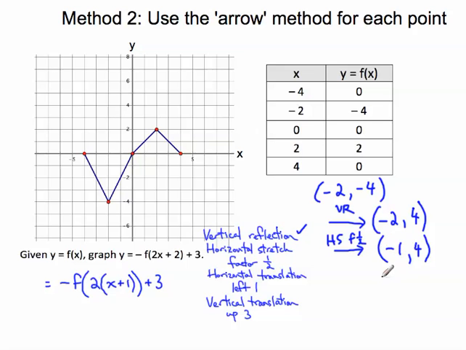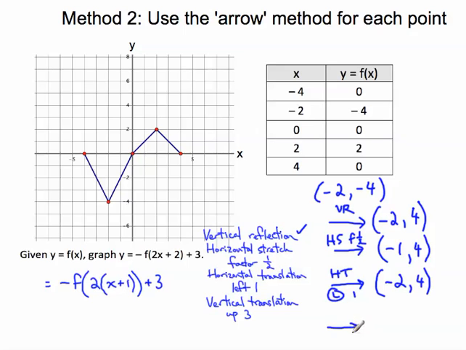So you're halving the x value. Now, after that, we can apply our horizontal translation, that is going to the left 1. So horizontal translation left 1 is going to take -1, move it left 1 to -2, and it's not going to change the y value.